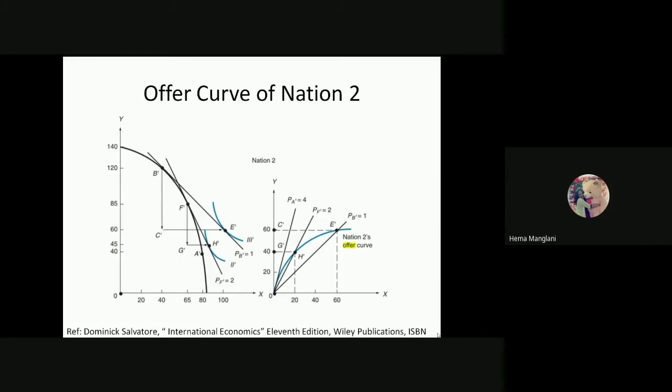Similarly, nation two incurs increasing opportunity cost in producing more of commodity Y for exports, and the more of commodity X and the less of commodity Y that nation two consumes with trade, the more valuable to the nation is a unit of Y at the margin compared with a unit of X. So the same way you have to describe it, but the analysis is just reversed for both of the nations.